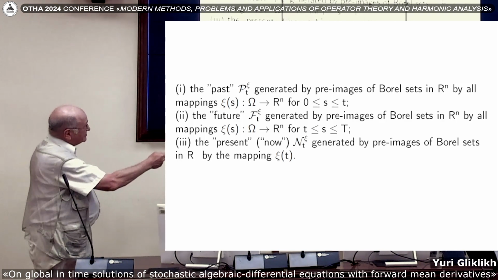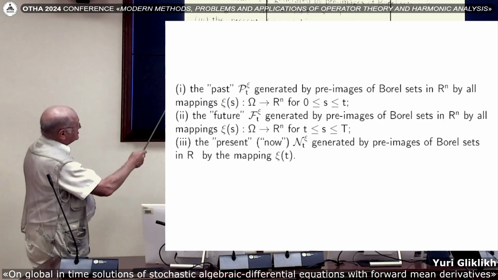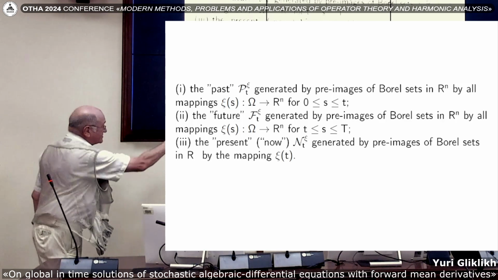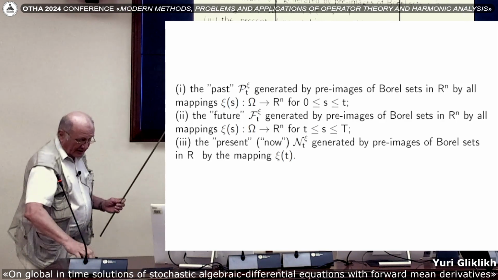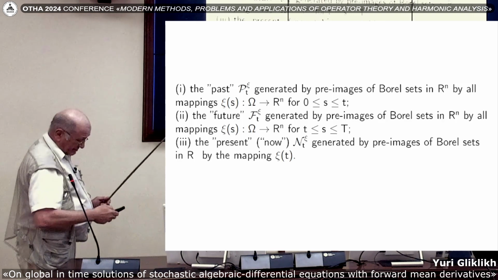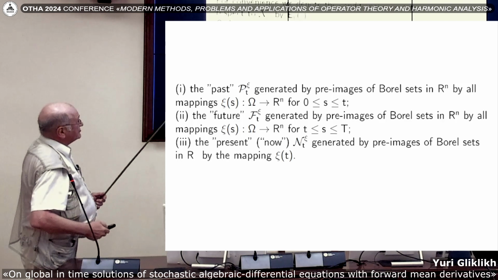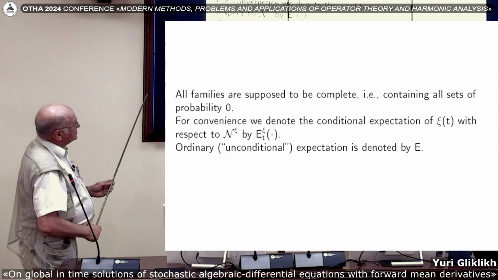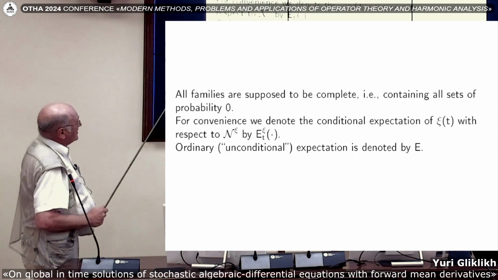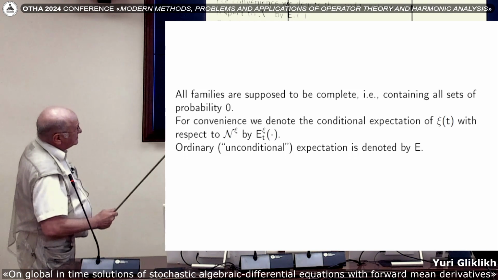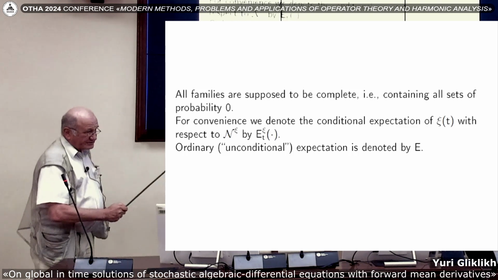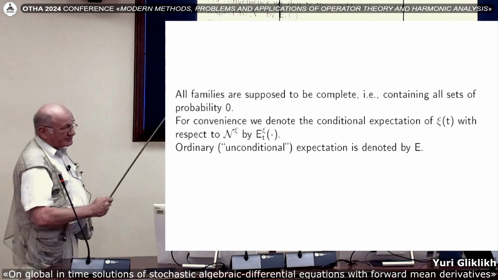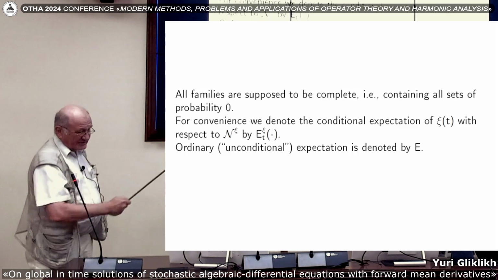It's very simple. It's generated by preimages of Borel sets by the mapping psi of t for this t itself. This present is very important for us. All families are supposed to be complete, containing all sets of probability 0. For convenience, we denote the conditional expectation with respect to the present like this, and the unconditional expectation is simply capital E.